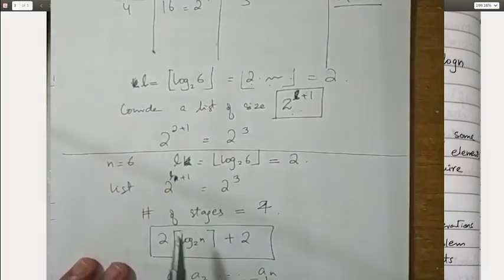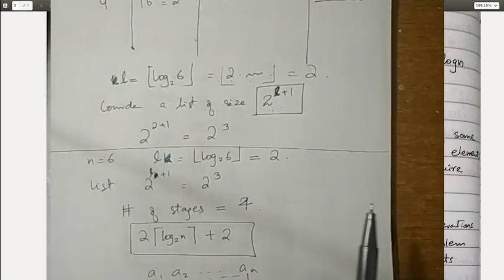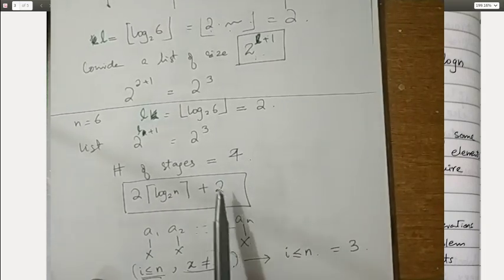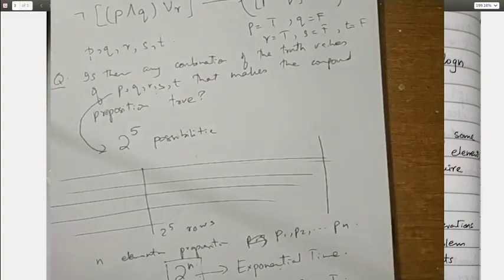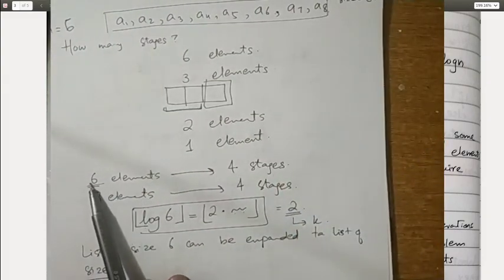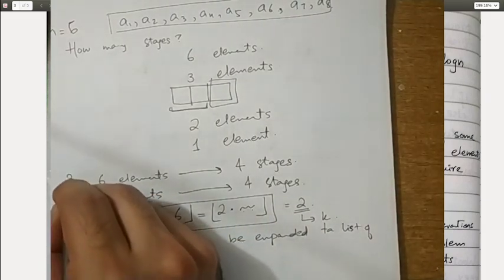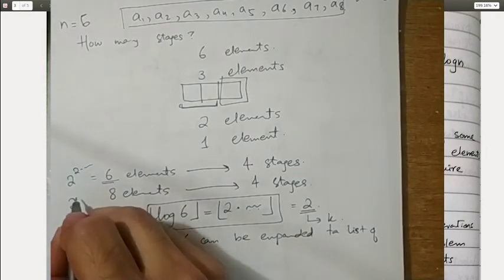So when we had a list of 6 elements, I expanded it to a list of the number of stages. So when you have a list of 6 elements, you still have 4 stages, right? So for 6 elements, you want to go into the next class. This was basically 2 to the 2 point something, and we ceil it so that we get 2 to the power 3.